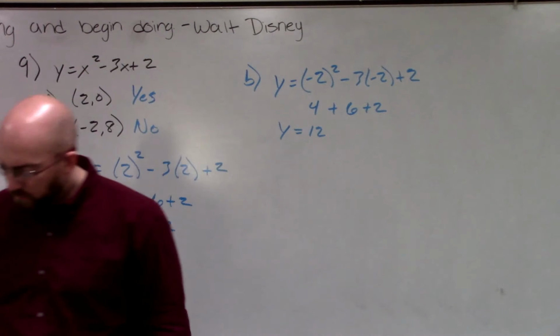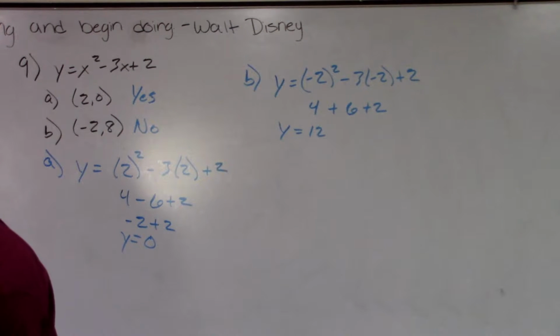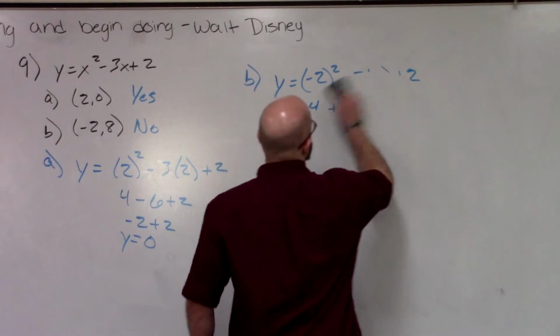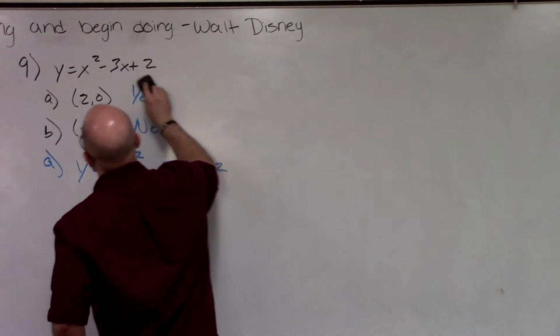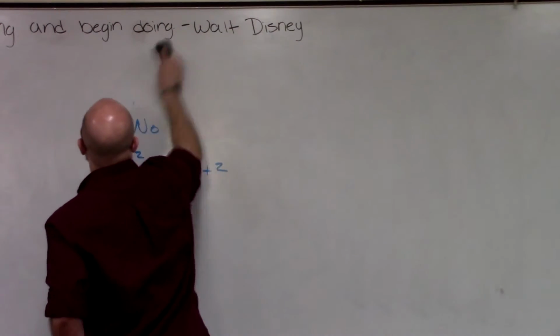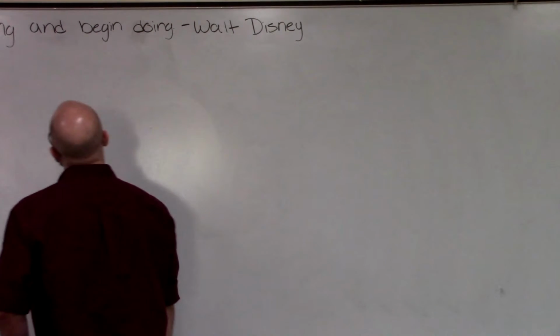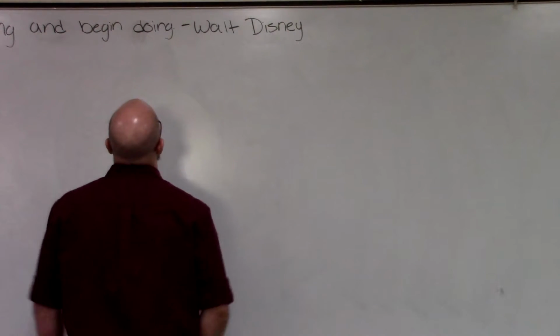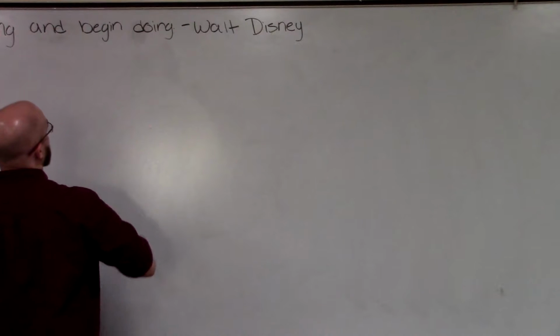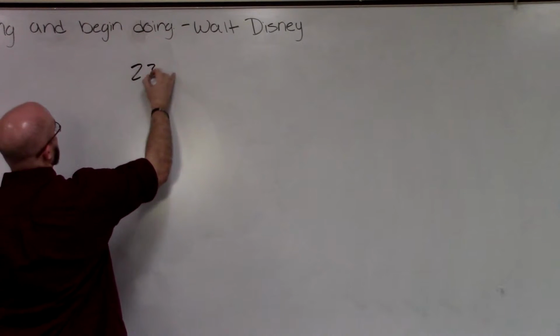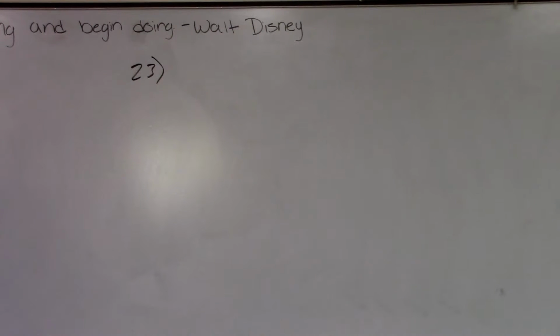All right, let's jump on to our next example. Try to write down, we're going to do quite a bit from this one. For 23, our equation is y equals 5x minus 6.